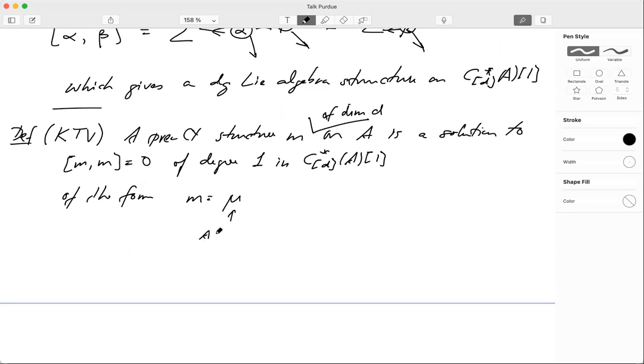So this is my A infinity structure that I fix. You don't have to fix it, but I'm just going to fix it. Plus something with 2 outgoing arrows, plus something with 3 outgoing arrows, plus etc. So in particular, if you have a pre-Calabi-Yau structure M, then by taking one part, you get an A infinity structure.